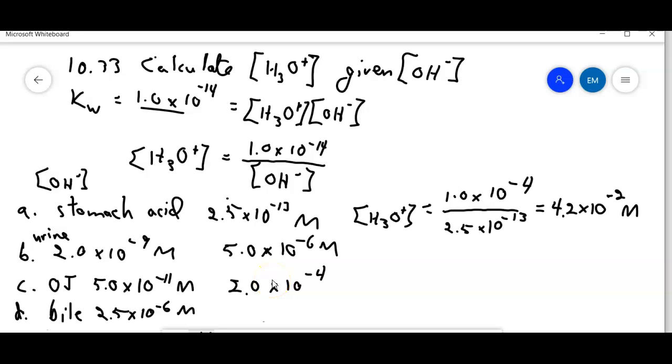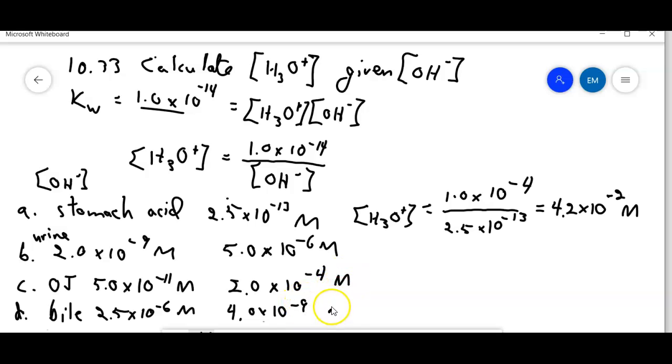And last but not least, bile, which is, let me do that again. I get 4.0 times 10 to the minus 9th.